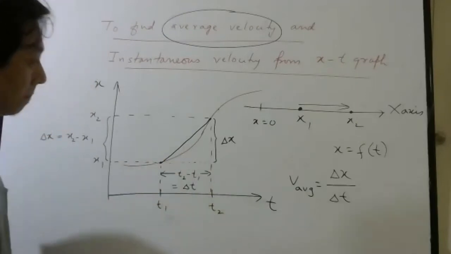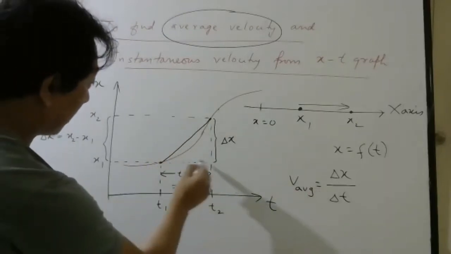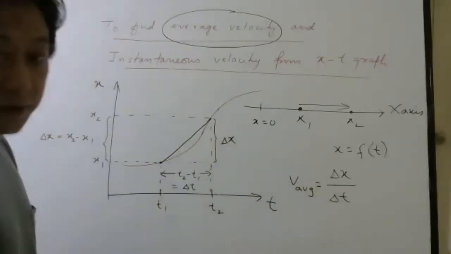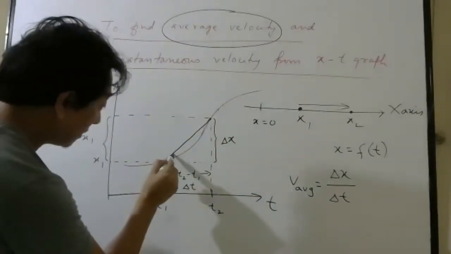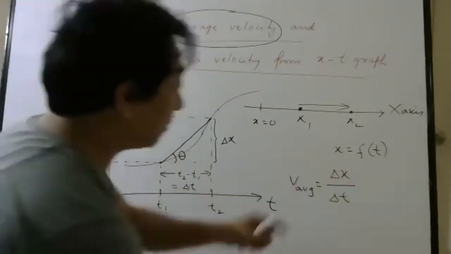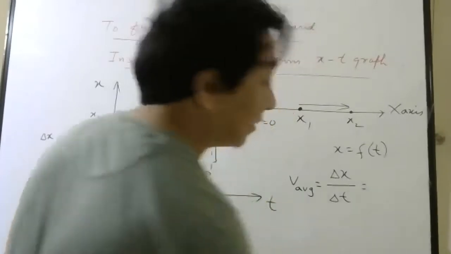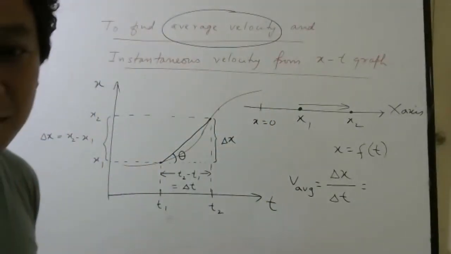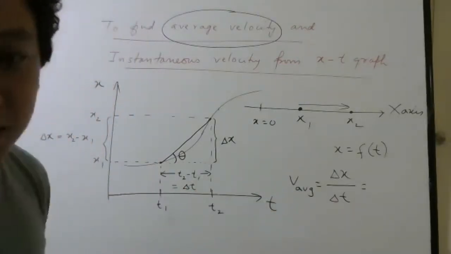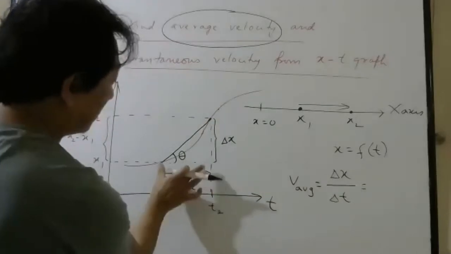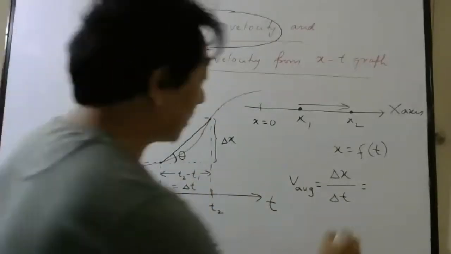Now if you look at this right angle triangle, and call this angle theta, then delta x is opposite and delta t is adjacent. Opposite by adjacent will be tan theta.